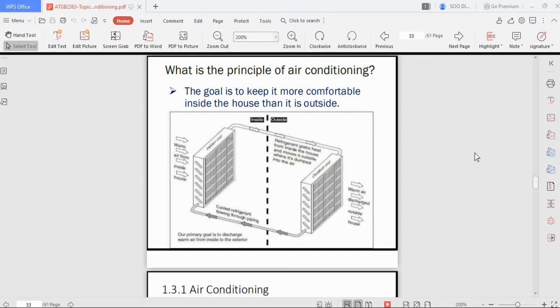Then we want to stay in our room or in a house which has air conditioning. Either that, or if you are overseas and it's very cold, you want to enter a room which has a heater, so it will warm our body up. So this is why air conditioning is important.